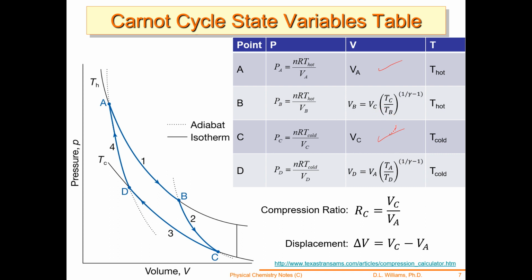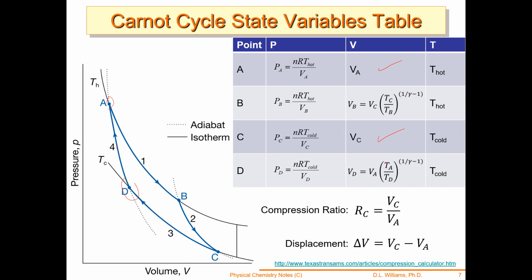And the same thing down here. Notice that this is the adiabatic compression. Here, D is connected to A. D and A are connected by an adiabat. And so those are the temperatures and the volumes that you use to fill out this square.